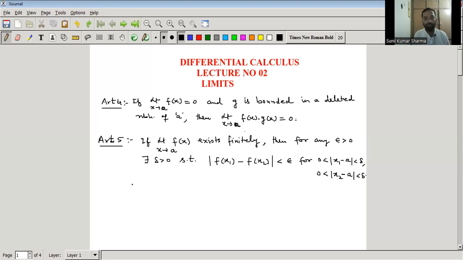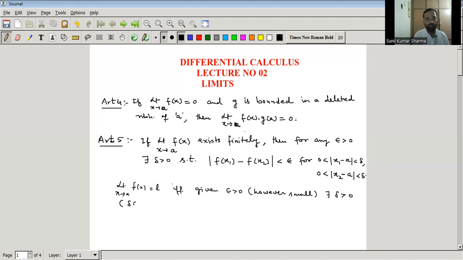Okay, so let us start some examples related to the epsilon delta definition. Before that, we quickly revise what the epsilon delta definition is. A function f(x) has a limit L as x tends to a, that is, limit x goes to a, f(x) is equal to L, if and only if given epsilon greater than 0, however small, there exists a delta greater than 0.